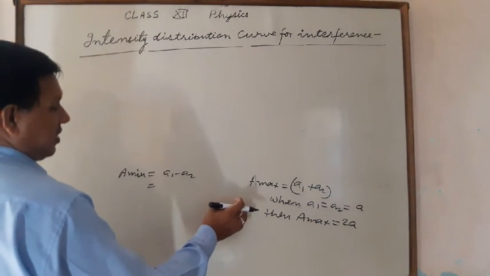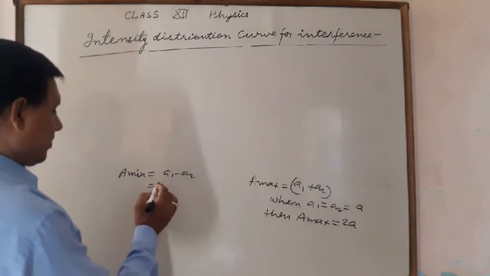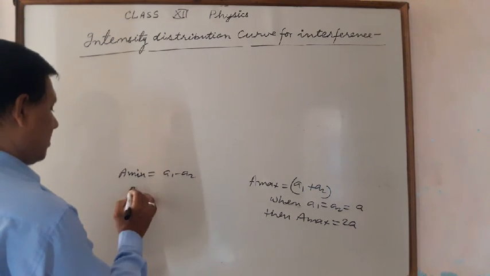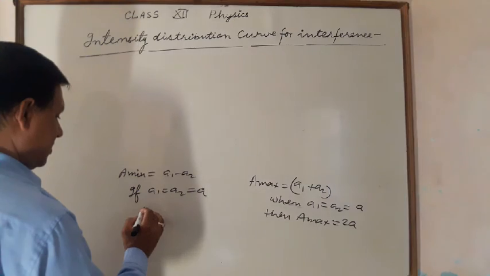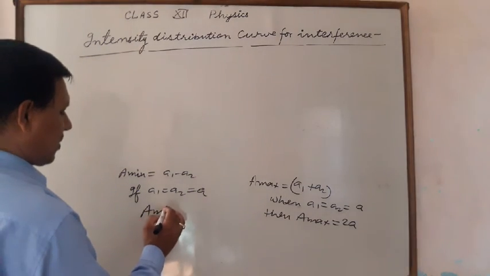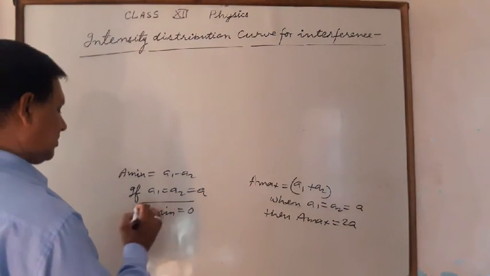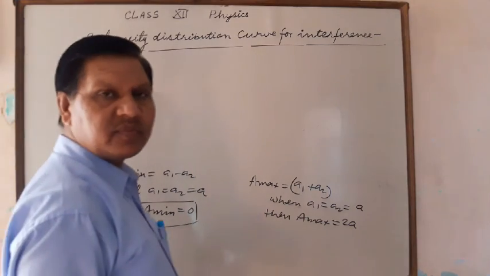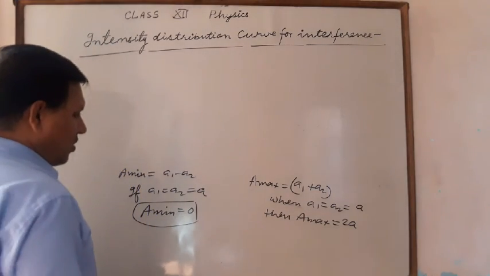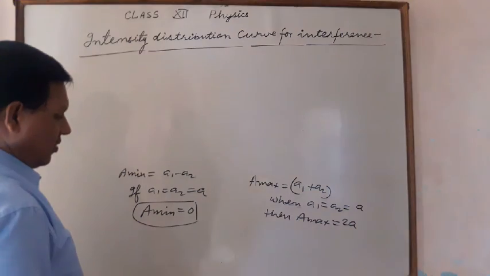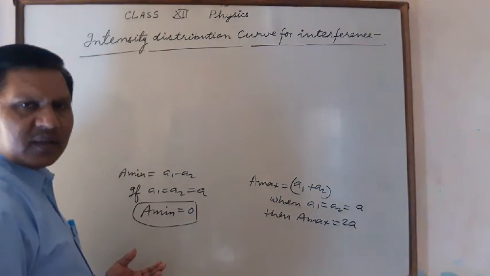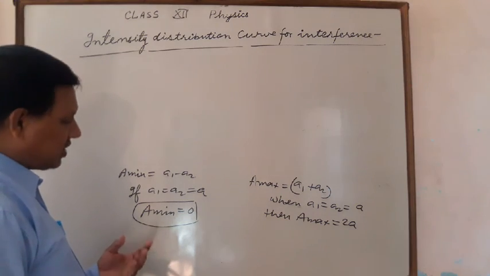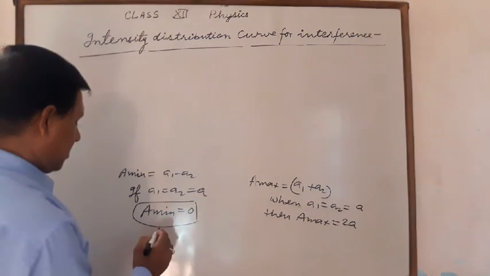And when A1 and A2 both are same, then the amplitude of resultant wave becomes minimum, that is 0. Or we can say that when amplitude of resultant wave becomes 0, then intensity of resultant wave also becomes 0.